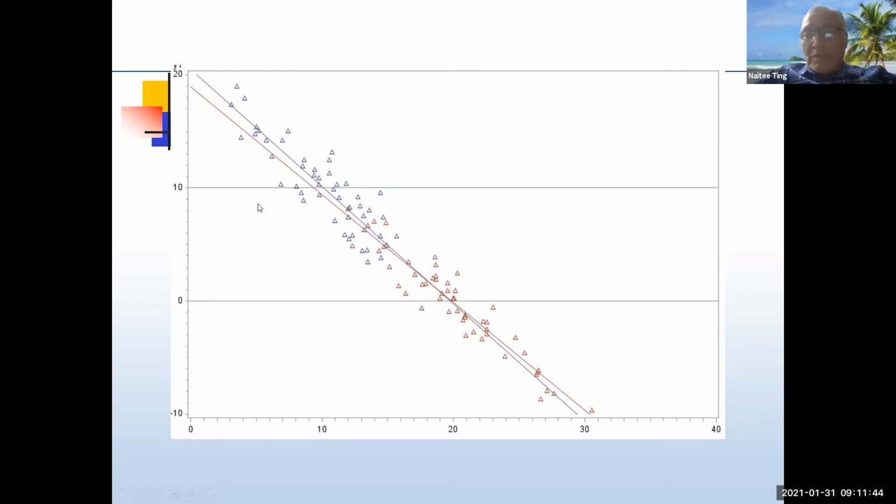There's a clear difference, about 10 unit difference. But once you include baseline in the model, there's no difference. So baseline imbalance could happen in so many ways. And at the design stage, we did not know whether we're going to have balanced baseline or not. So we incorporate baseline as a covariate in the model.